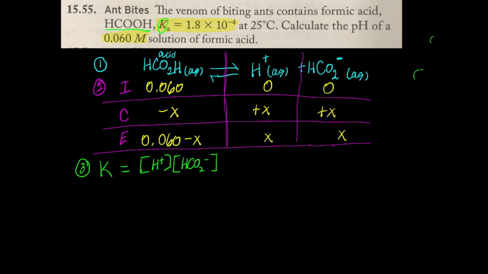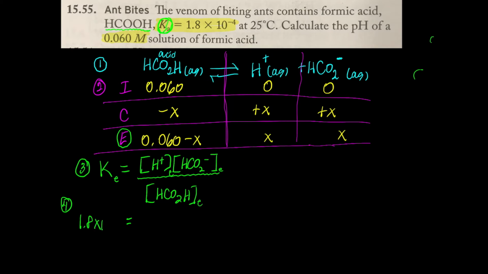The only reactant we have here is HCO2H. This is an equilibrium reaction, so we use the equilibrium concentrations to plug in. Okay, this is the equilibrium constant, 1.8 times 10 to the minus 4.